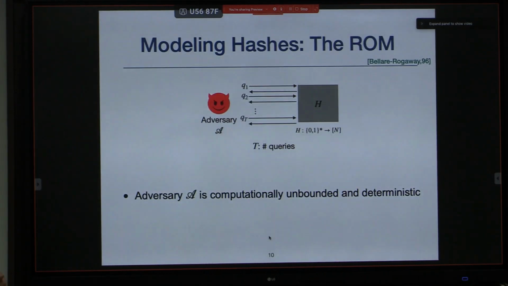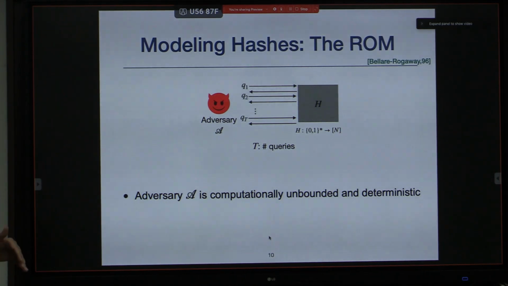And so, okay. Now, hash functions, so far, how they've been analyzed is, say we think of an adversary that makes T queries, and it's computationally unbounded, hence you can think of it as deterministic.